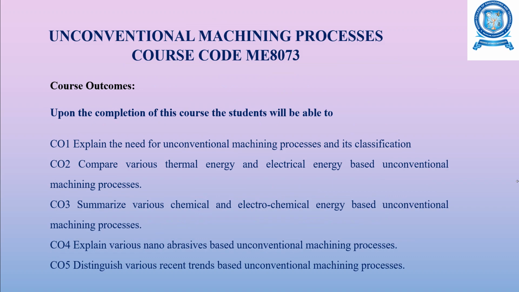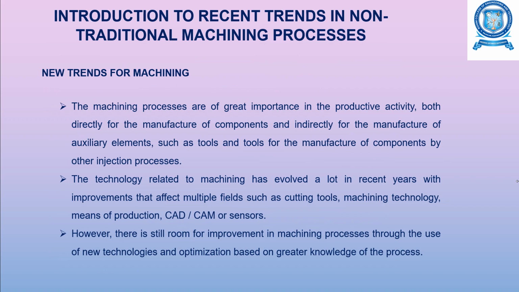The students will be able to summarize various chemical and electrochemical energy based unconventional machining processes from Unit 3, and from Unit 4 the students will be able to explain various nano abrasives based unconventional machining processes, and from Unit 5 the students will be able to distinguish various recent trends based unconventional machining processes.